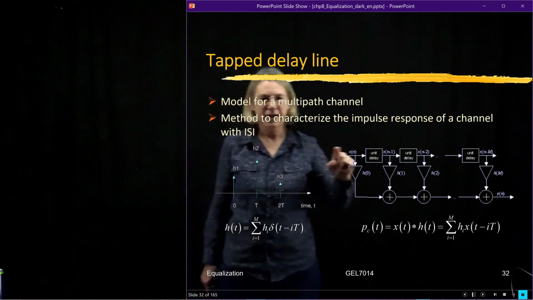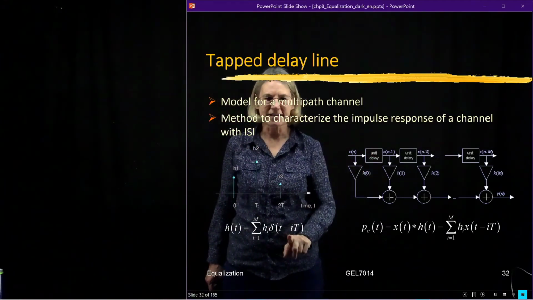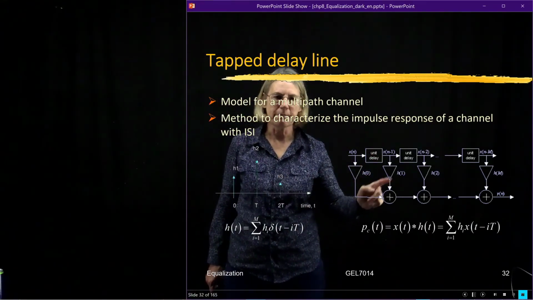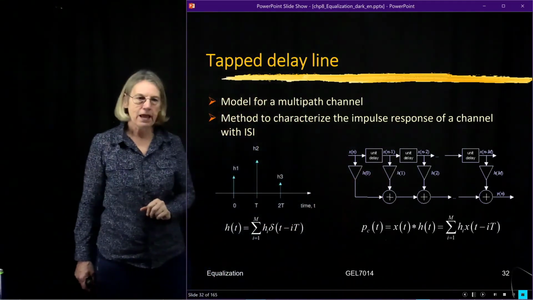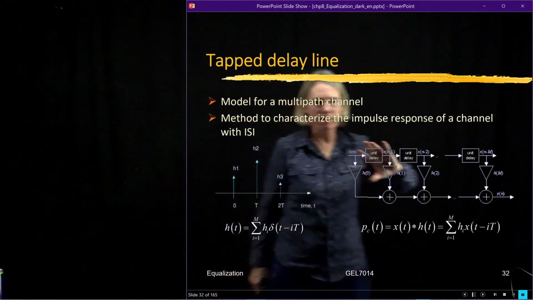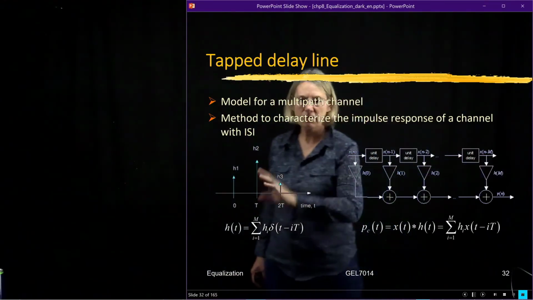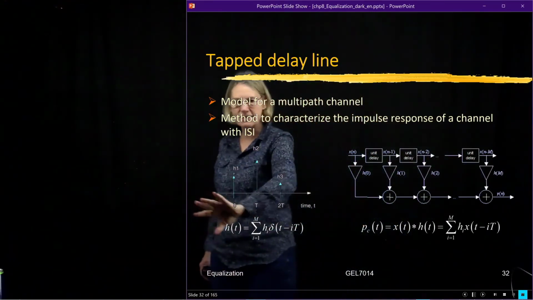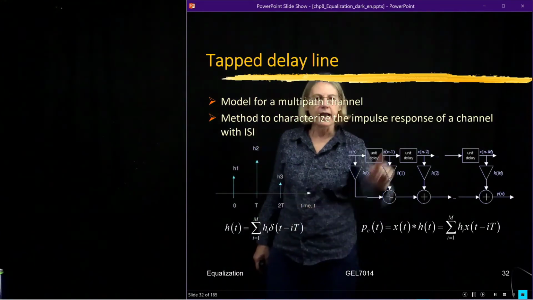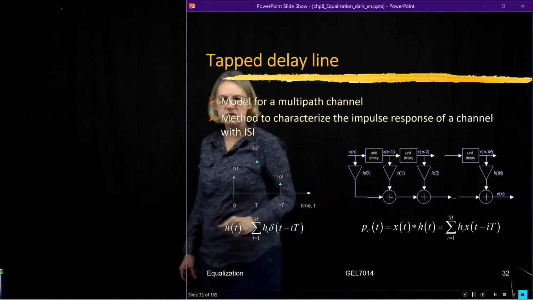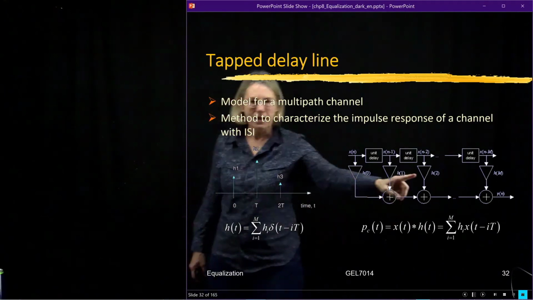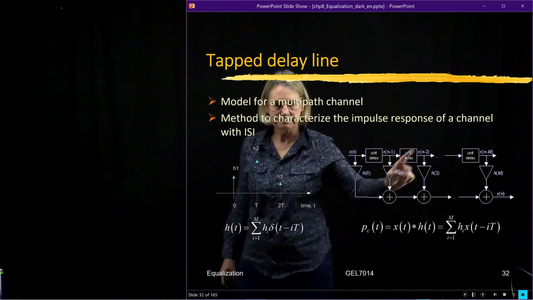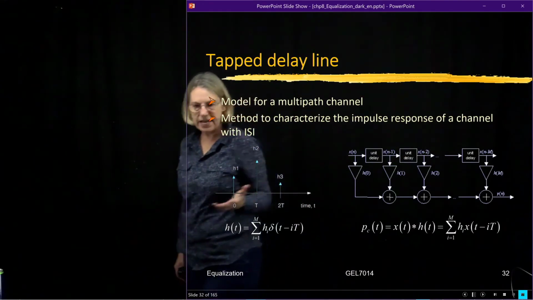Then I put in a delay that shows me the next time interval, and that one gets multiplied by a different attenuation factor, etc. So this is a block diagram that illustrates what's going on in this mathematical equation. This gives us the name tap delay line, because these are the taps and here are the delays. So this is a representation of it.